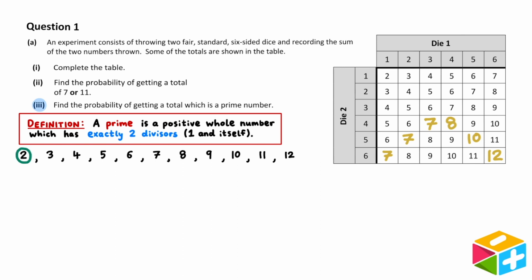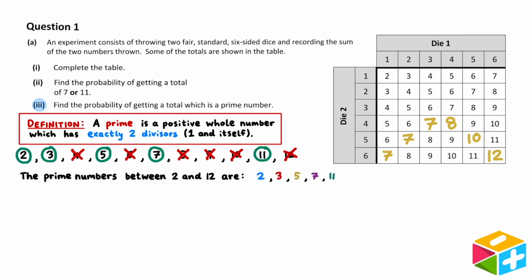2 is a prime. 3 is also a prime. 4 is not a prime since it is divisible by 2. 5 is a prime. 6 is not a prime since it is divisible by 2. 7 is a prime. 8 is not a prime since it is divisible by 2. 9 is not a prime since it is divisible by 3. 10 is not a prime since it's divisible by 2. 11 is a prime, and 12 is not a prime since it's divisible by 2.